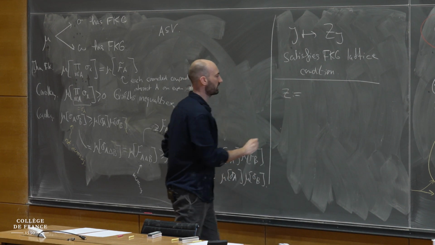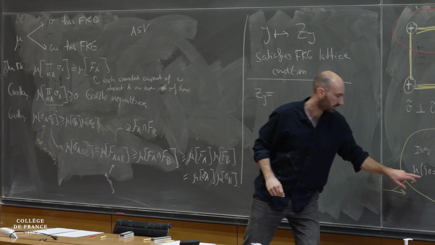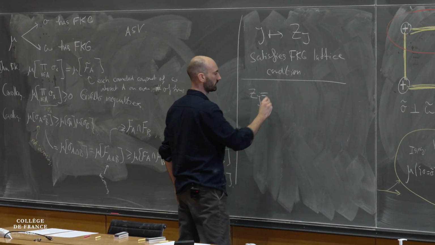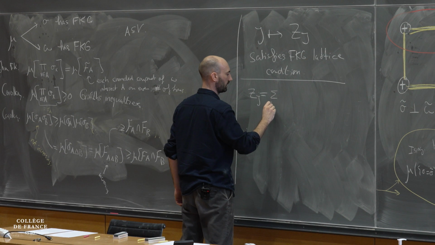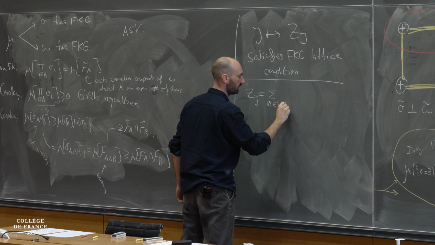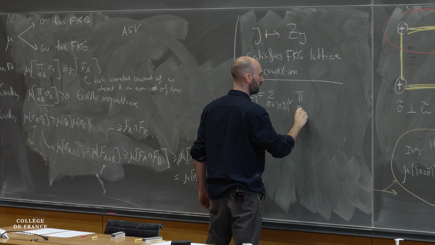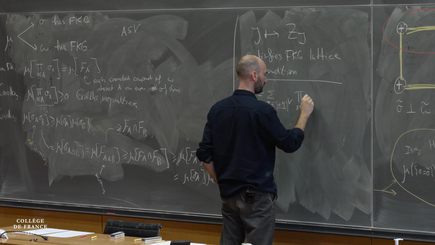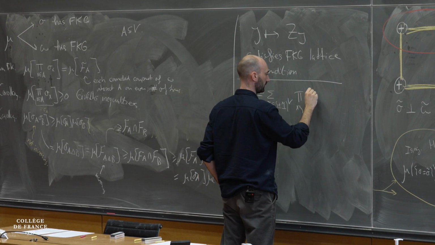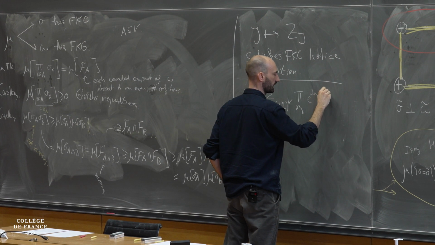So what is the definition of Z_J? Here we define this Z, it depended implicitly on J. So it's the sum over all sigma of the product of e to the J_xy sigma_x sigma_y.